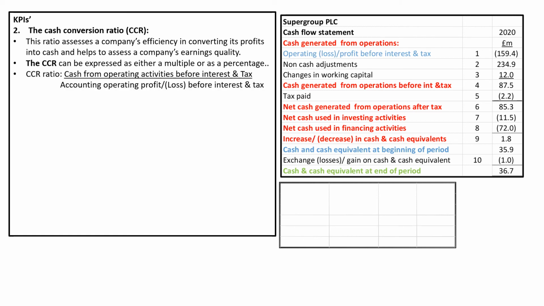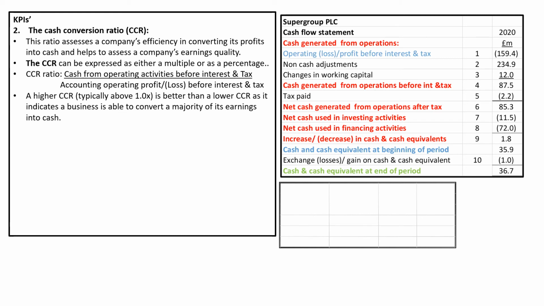You divide the cash from operating activities before interest and tax by the accounting profit or loss before interest and tax. A high CCR, typically above 1, is better than a lower CCR, as it indicates a business is able to convert a majority of its earnings into cash.